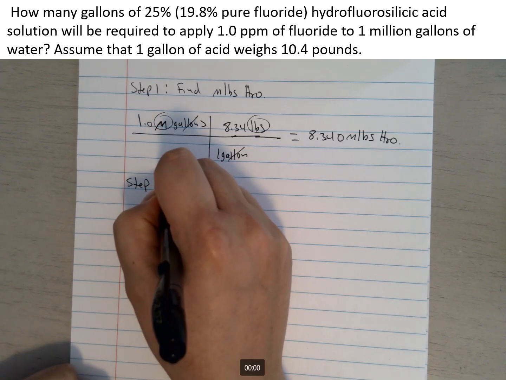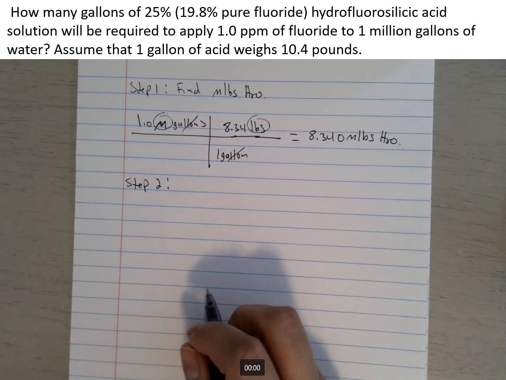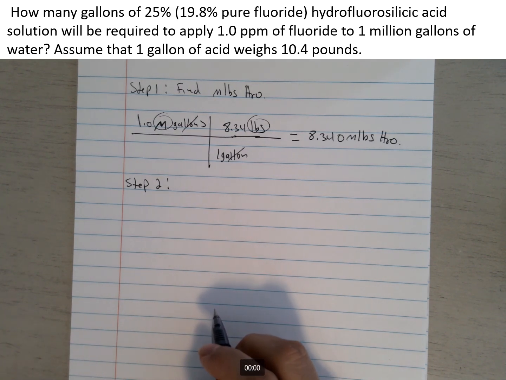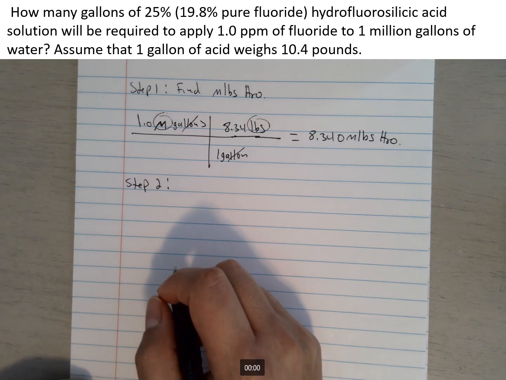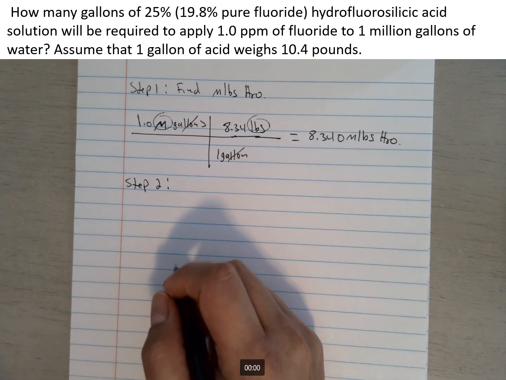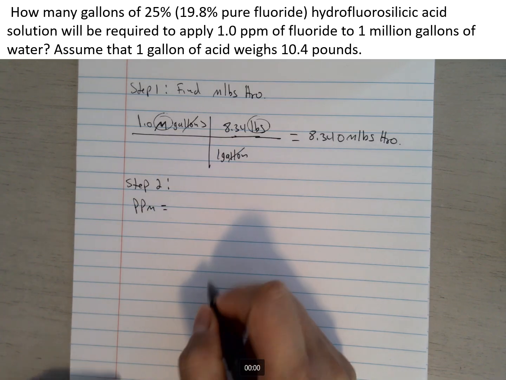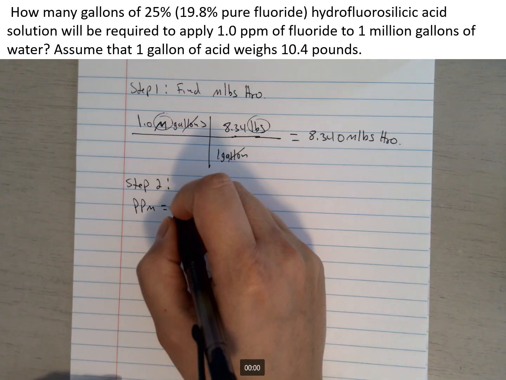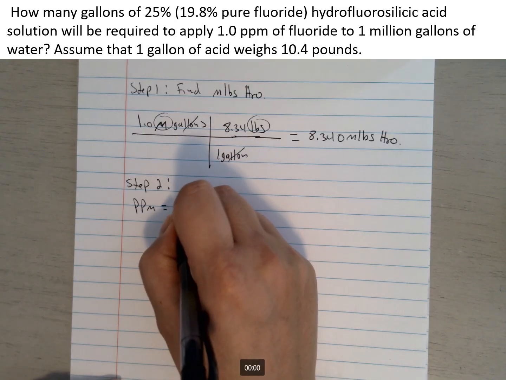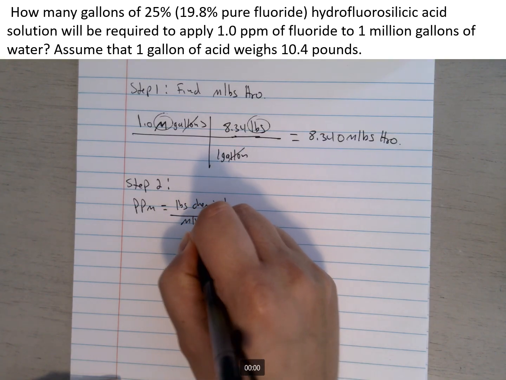Step 2. We know that we want to apply 1 part per million of pure fluoride. So we want to use our part per million equation to find our pounds of chemical, or pounds of pure fluoride, that we're adding to achieve that part per million. So I start by writing down our part per million equation: pounds of chemical over million pounds of water.